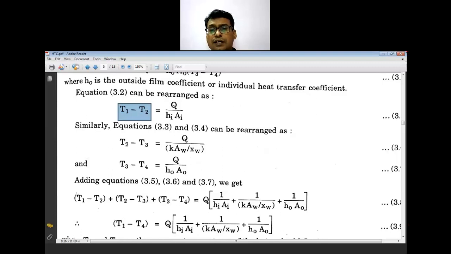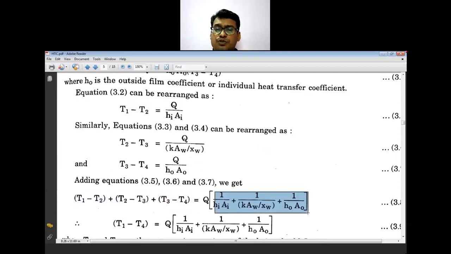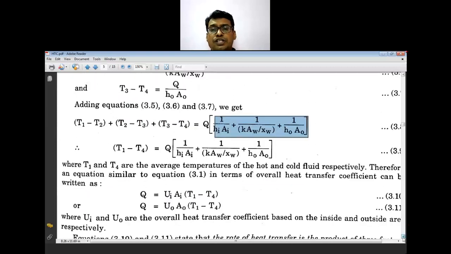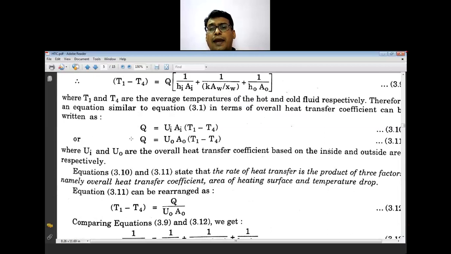So the overall temperature gradient and the individual heat transfer coefficients have to be taken into account. So your relation is Q equals UI AI into bracket T1 minus T4, or UO into AO. This is the difference to be noted down.